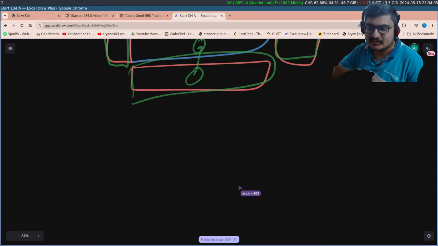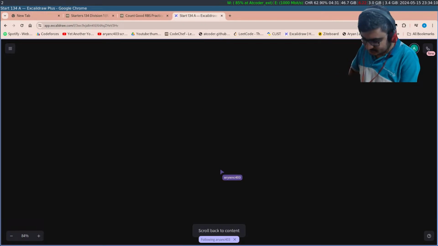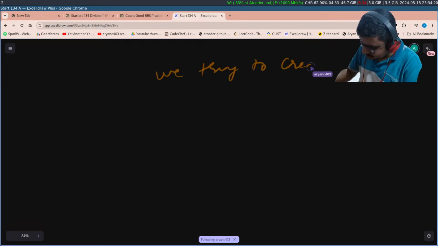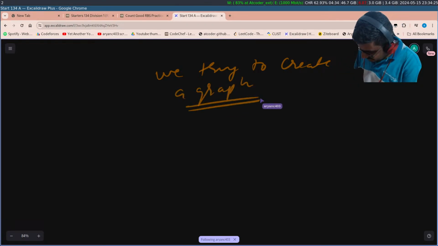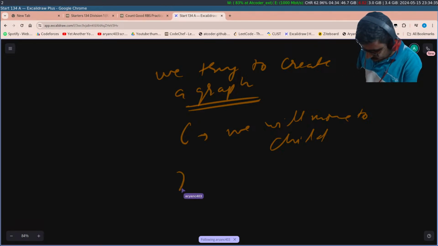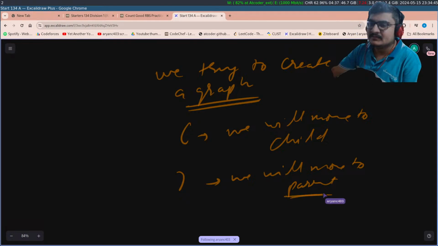Once we try to simplify and see what is happening, the problem simplifies to one thing. We define an Euler tour, so let's say we try to create a graph where if there is an opening bracket we move to a child, and if there is a closing bracket we move to the parent.